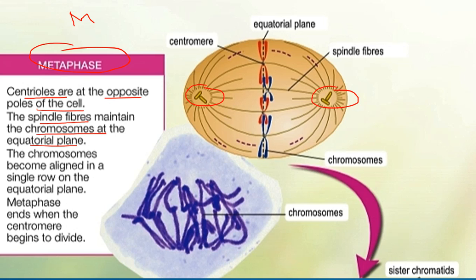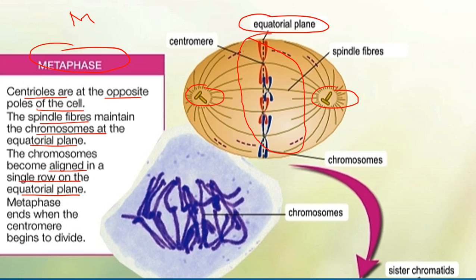This is the equatorial plane. The chromosomes become aligned, atau arranged, in a single row on the equatorial plane. Single row di sini.